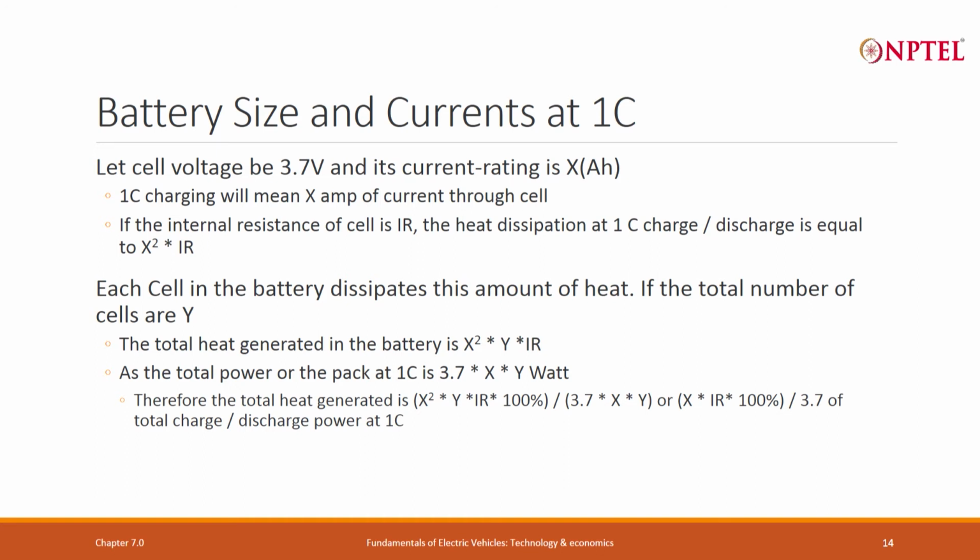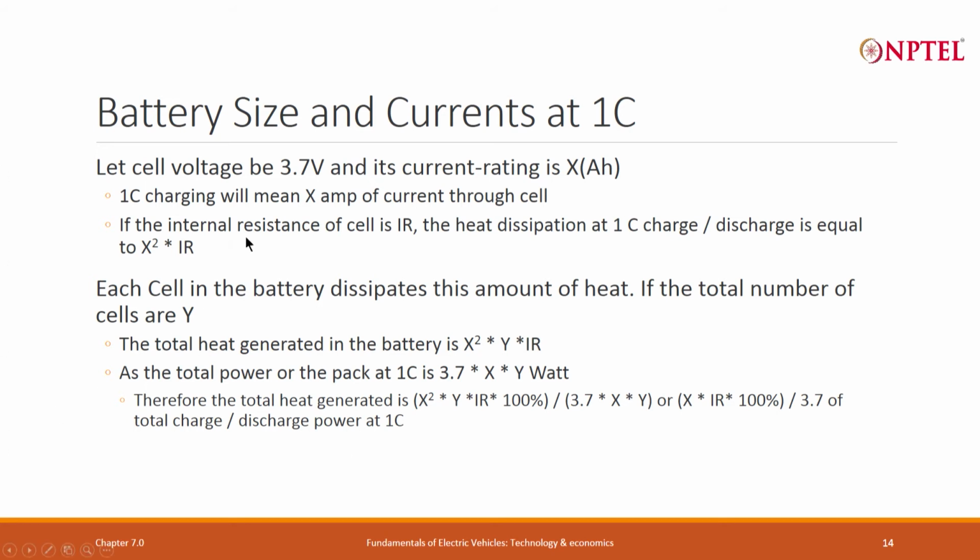Of course, I pointed out that it can go up to 4.2 volts and at the bottom it can go to 2.8 volts, but nominal voltage is 3.7 volt. And the cells are characterized by the size of the cells in ampere hours. So, I say let us say x ampere hour, it can be 5 ampere hour, can be 20 ampere hour, can be 50 ampere hour.